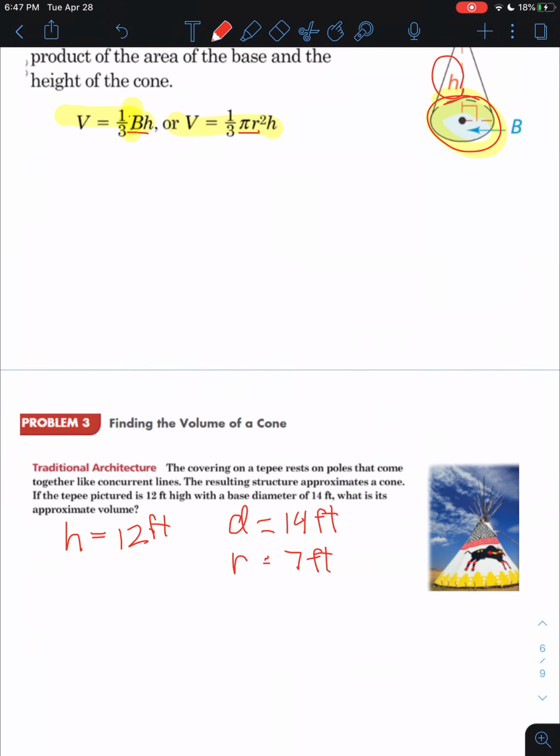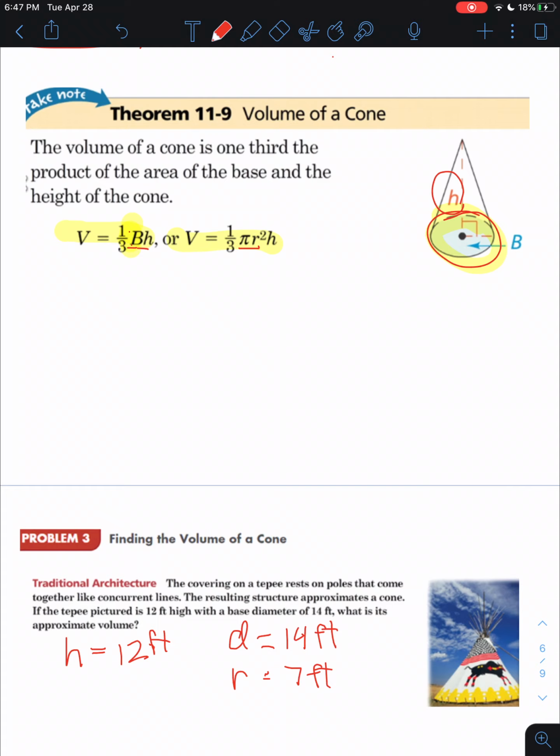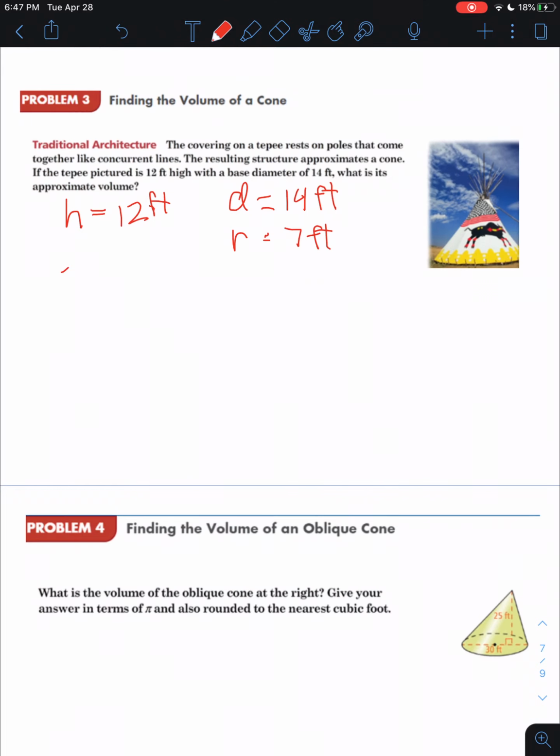Okay, and if we go back up, so 1/3 pi r squared h. We're just going to go with that formula there. So, volume equals 1/3 pi r squared h.